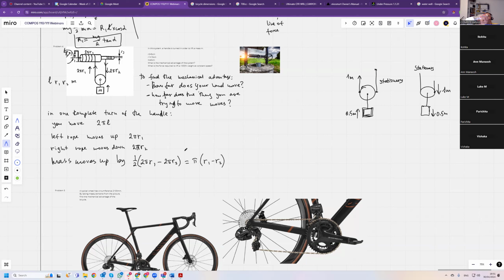Let's do an experiment. So you have a rope on this axle. This is a small axle, and then you have a big axle here.